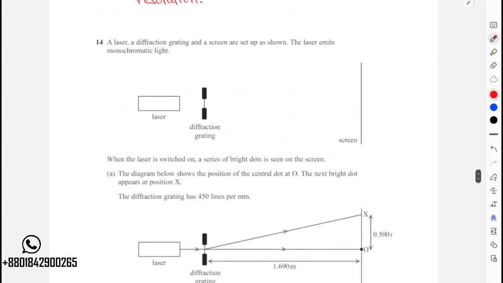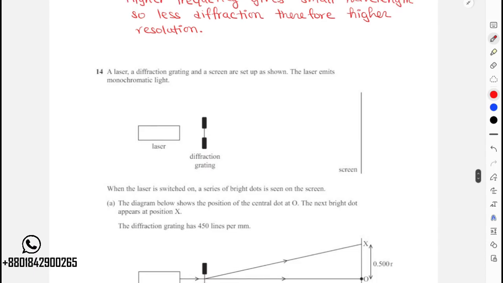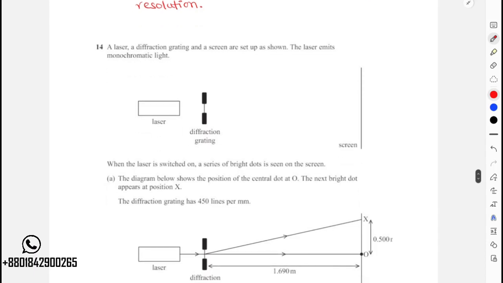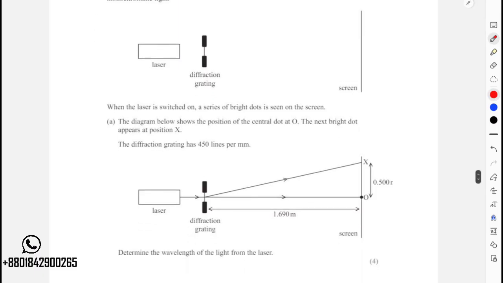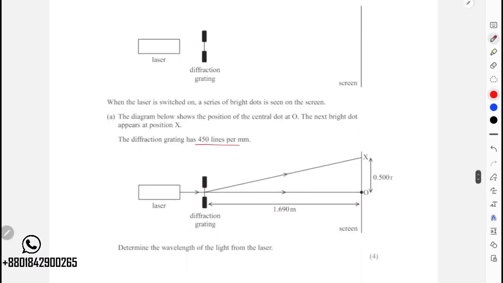When the laser is switched on, a series of bright dots is seen on the screen. The diagram shows the position of a center dot O, and the next dot appears at this. The diffraction grating has 450 lines per millimeter. Using that, you can find out the value for small d, right?